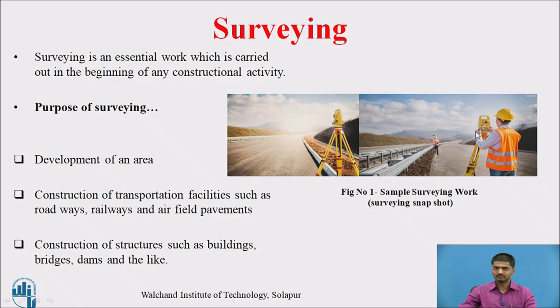Dam construction. Any type of work, starting from your residential buildings, bungalows, apartments, commercial buildings, each and every thing, the first step is surveying. Basic surveying, primary survey, preliminary survey work is there. So for that, we require surveying.